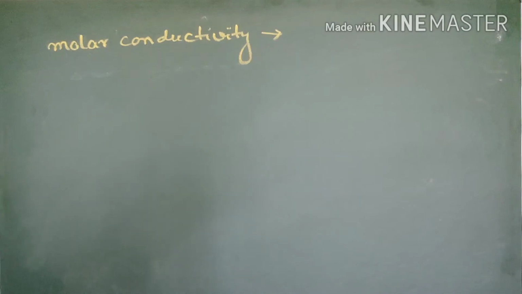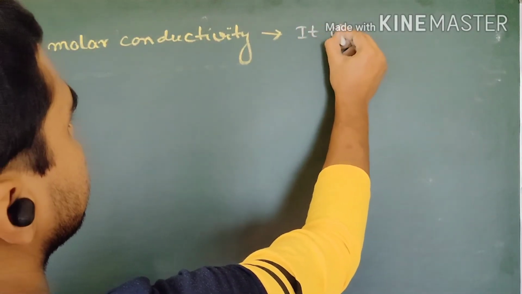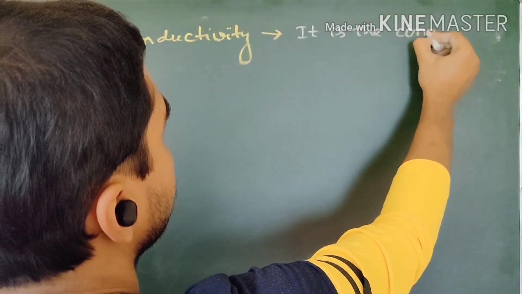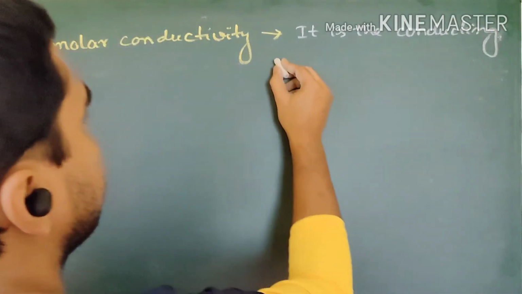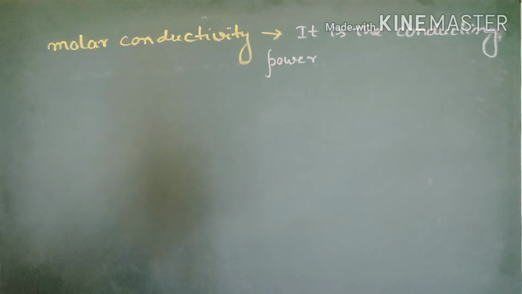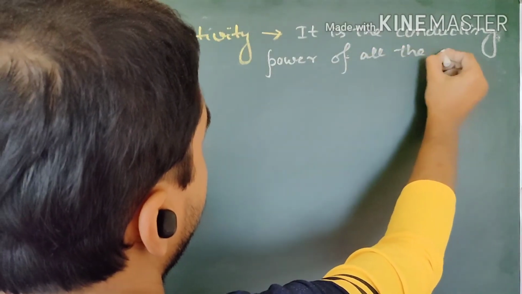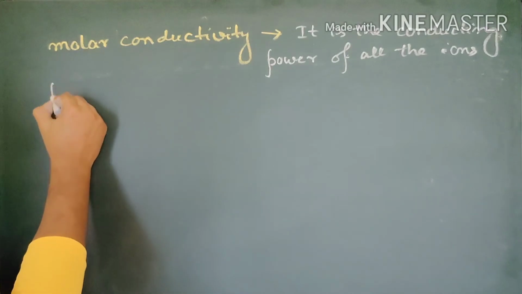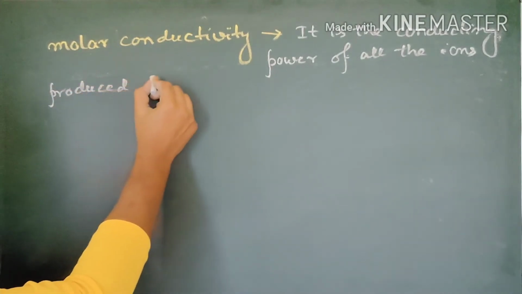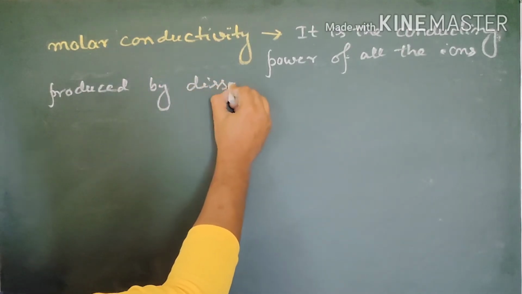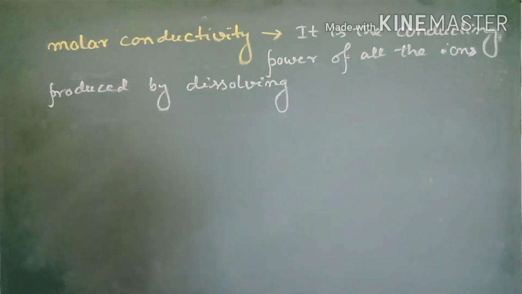In order to write what molar conductivity is, we should be writing that it is the conducting power of all the ions produced by dissolving 1 mole of an electrolyte in solution.